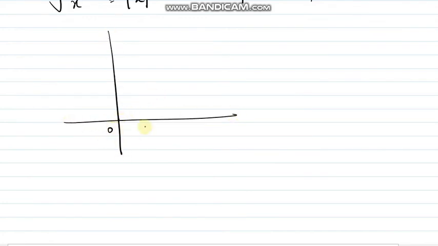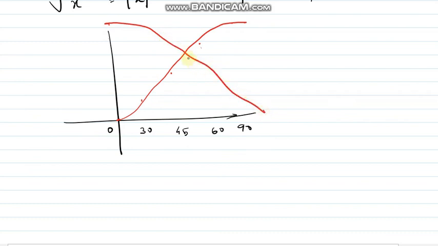So just 0, 30, 45, 60 and 90. If I draw the graph, sin 0 is 0, sin 30 is half, sin 45 is 1 by root 2, sin 60 is root 3 by 2. So it will be like this, the graph of sin, and the graph of cos will be somewhere over there. It will meet at 45, right? Because sin 45 and cos 45 are equal.